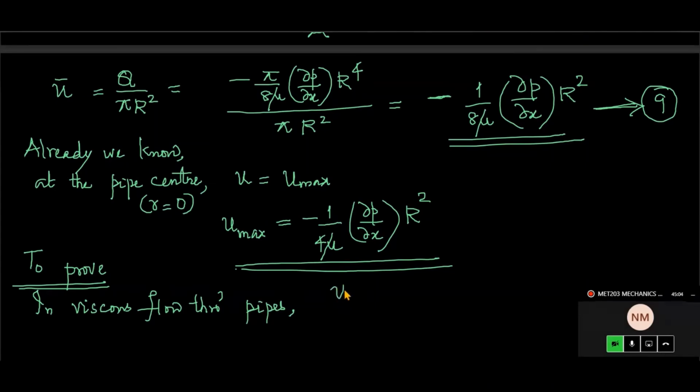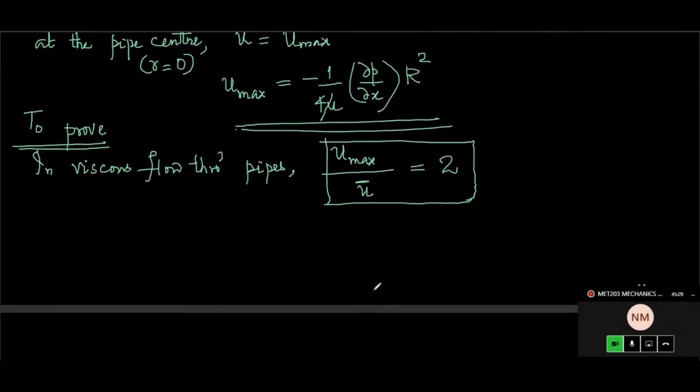So for viscous flow applications, the maximum velocity that prevails at the center of the pipe for any cross section divided by the average velocity of flow through that circular cross section is equal to 2. Simply take U max by U bar, that's all. Even by looking at the expression, you can give the answer.